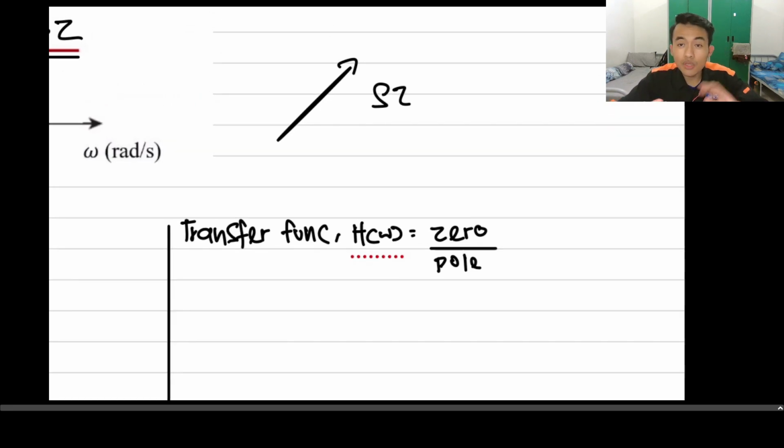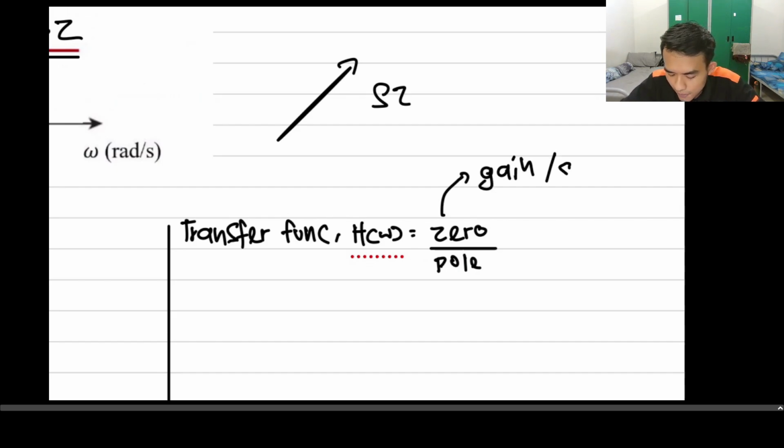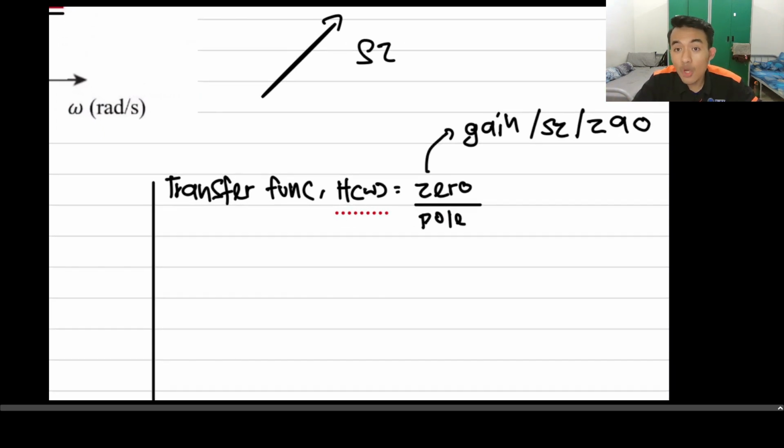So the zeros here, or the numerator here, must be gain or simple zero or zero at origin. For the denominator, it must be simple pole or pole at origin.